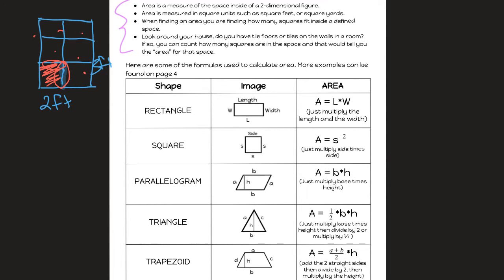Okay, so here's the shapes we're going to be working with and the formulas used to find their area. So for a rectangle, the area is found by taking the length, that's this side, times the width, and you just multiply those together.